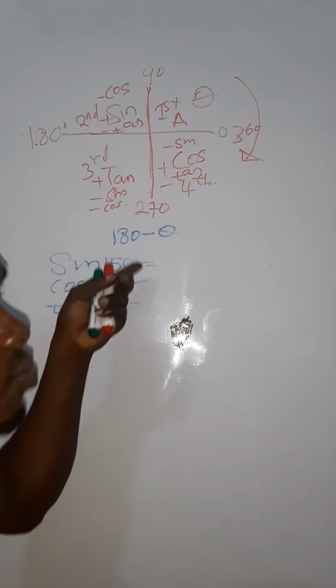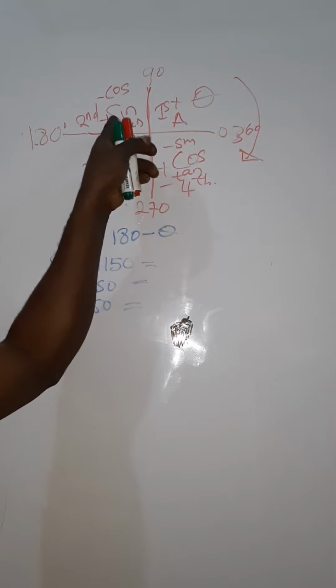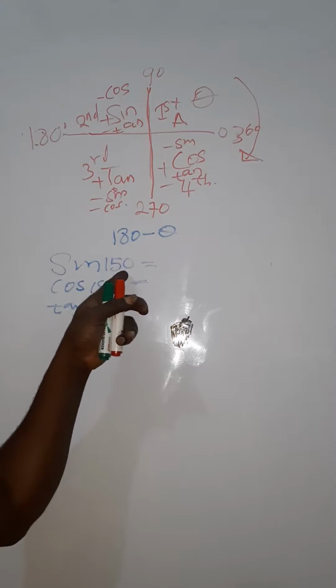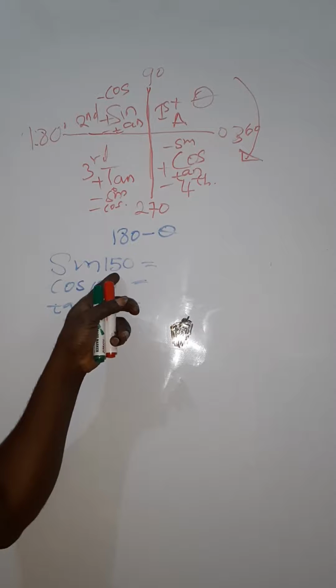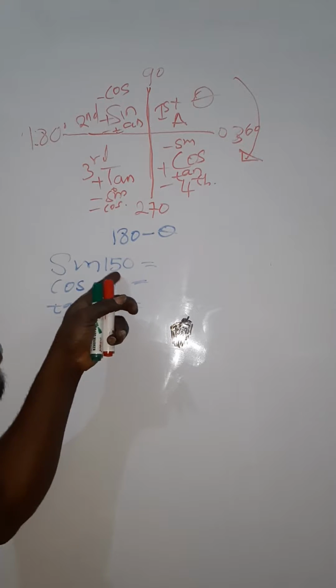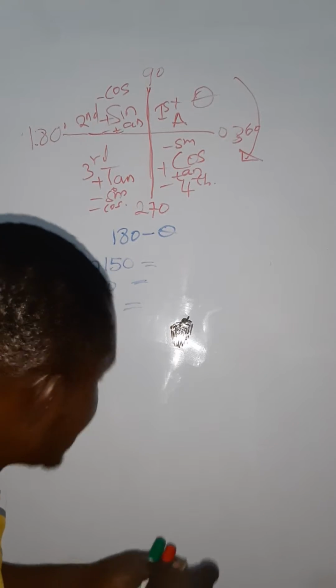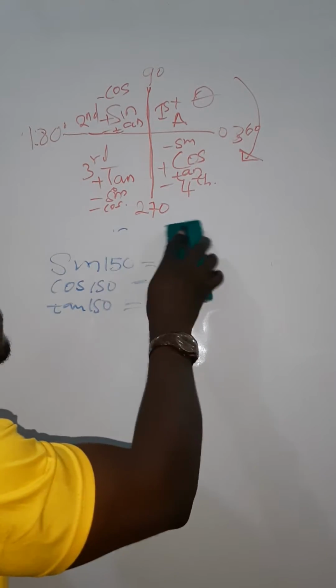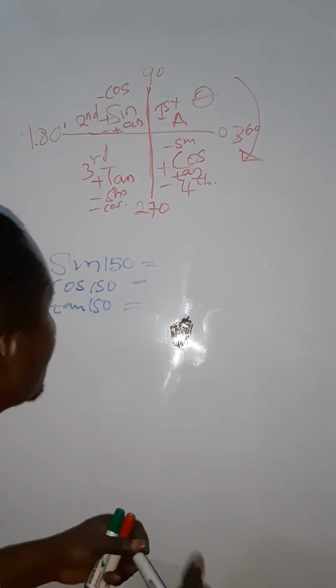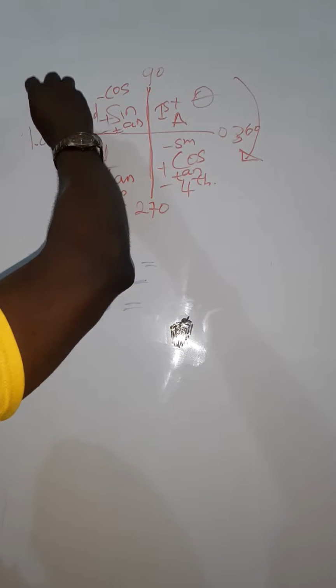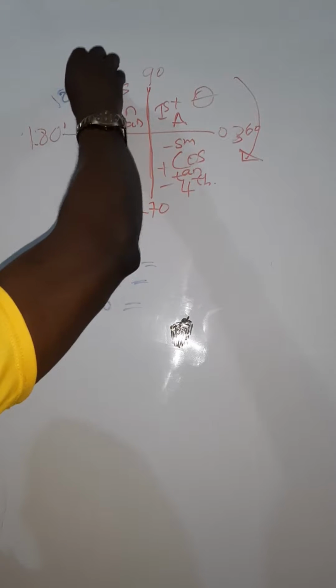And in the second quadrant, I already know that it's only sine that will give me positive. So even before I write this one, let me quickly write a formula here. I've said in the second quadrant we are having 180 minus theta.